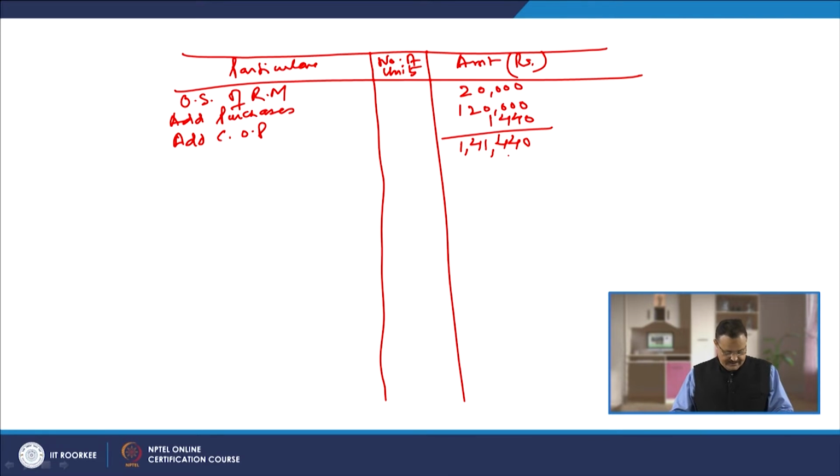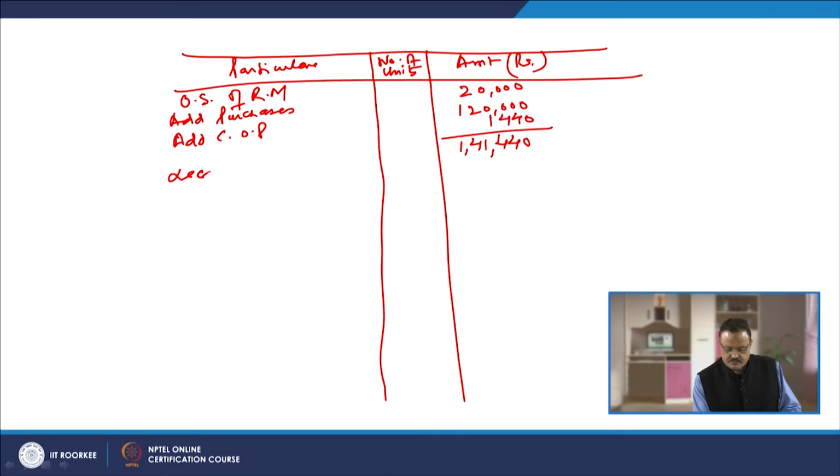Now in this raw material cost, we will have to subtract the closing stock, because till now we have taken two pieces of information into account. What was the opening stock of raw material? First of all, that will be utilized. After that, when it is about to come to an end, we will purchase additional material from the market. So total purchases plus carriage on purchases works out as 1,41,440, right?